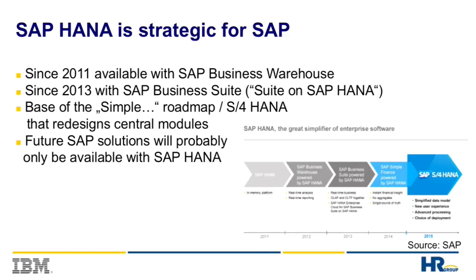The future for this customer, as you will see later, is that he did not stop with implementing BW only. He has a roadmap to go for Suite on HANA and even for S/4HANA, so that was what convinced the customer to do the complete migration to HANA and even to Power.